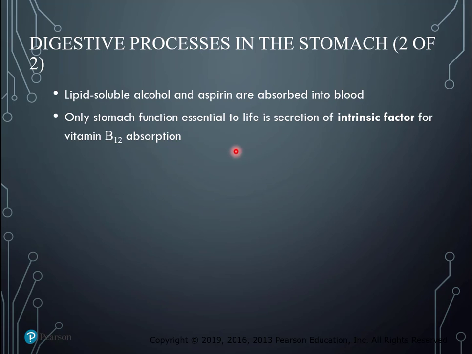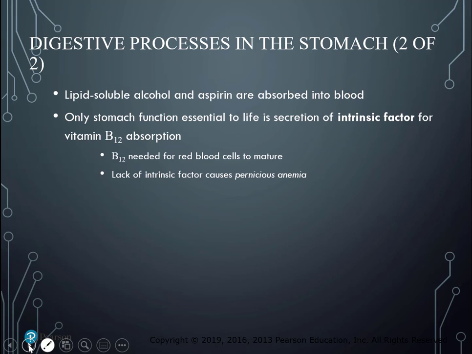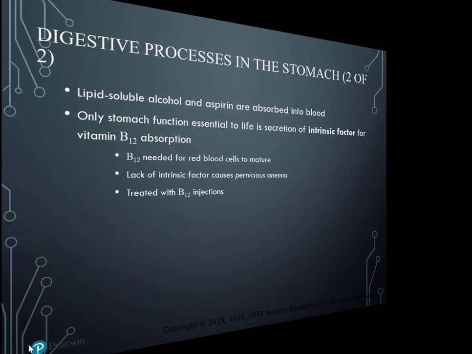Whenever you are unable to produce intrinsic factor, you're not going to be able to absorb B12, and so you're going to have problems with your red blood cell production. You're going to be anemic. Because B12 is needed for red blood cell maturity, it can cause pernicious anemia, and usually it can be treated very well with B12 injections.